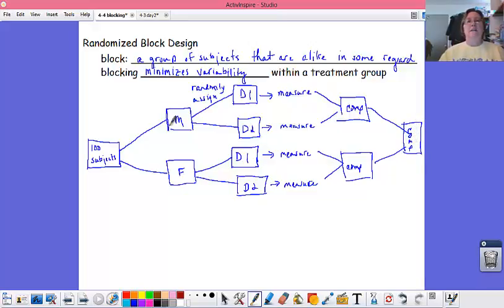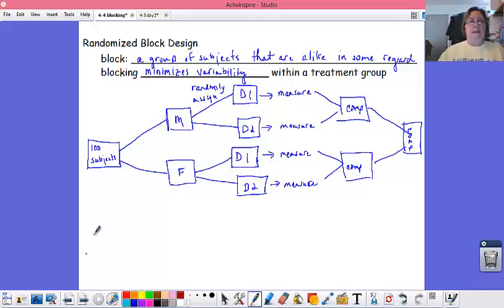So a randomized block design separates the subjects by some characteristic. You try to set up groups that are as alike as possible. Then the members of each of your groups are randomly assigned to their treatment group. You take the measurements after a suitable amount of time. You can do comparing within the blocks and overall between the blocks.